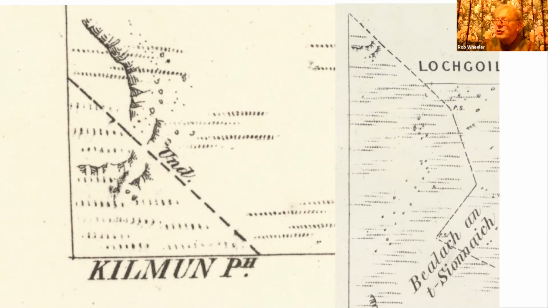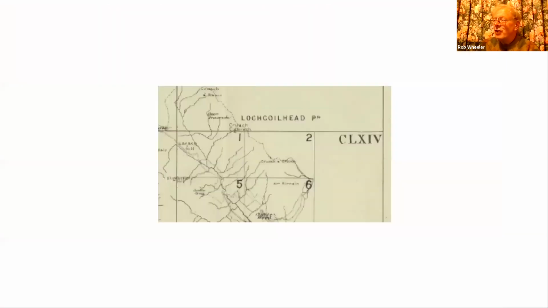In 1872, new editions appeared with more extensive 25-inch coverage. But even in 1872, Kilmun doesn't acknowledge the triangle of 25-inch coverage I showed you. It lies, in case you're trying to work it out, northeast of the Arabic figure 1.